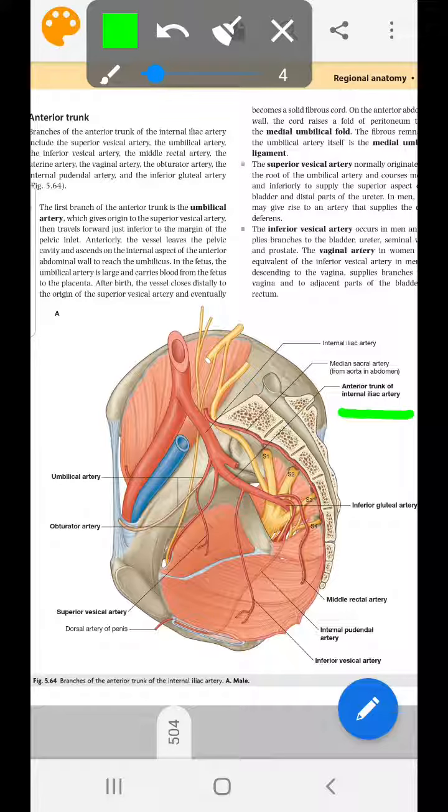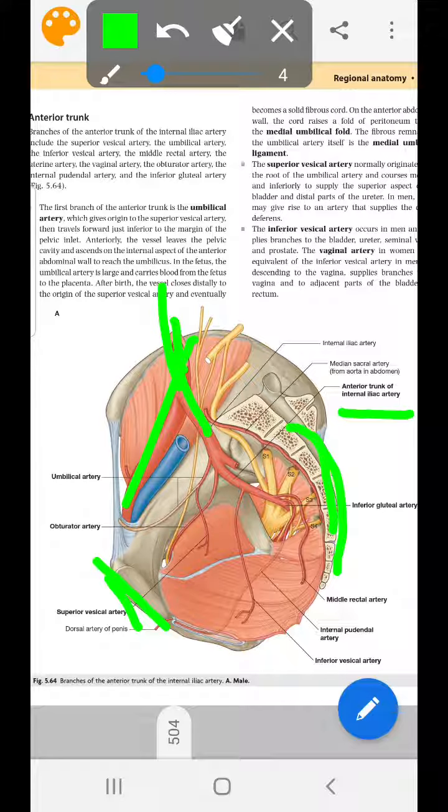So the common iliac comes just to orientate you here. This is going to be the sacral part, right? So this is posterior and this is the pubis, so this is anterior. It is like a cut section from the mid. Here is the common iliac artery. It is dividing into external iliac and internal iliac.